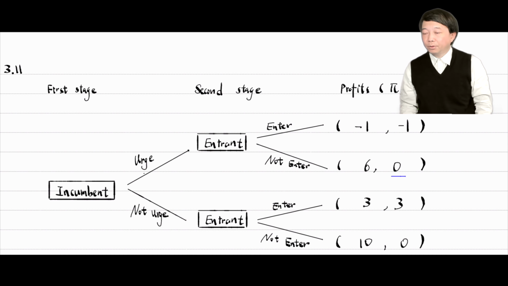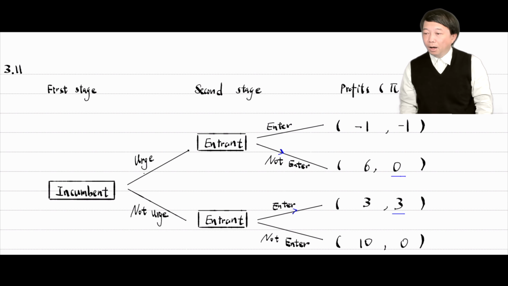We underline its profit 0 and add an arrow on the path. Given that the incumbent monopoly does not urge the pollution control requirement, the potential entrant's best response is to enter the market because it brings a higher payoff. We underline its profit 3 and add an arrow on the path.